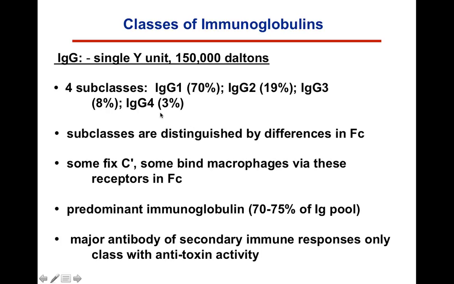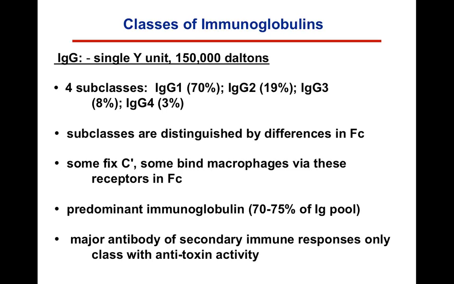Those Fc regions are a bit different in their amino acid sequence, and as a consequence that determines a bit of their differences in what they do and their potential interactions with their receptors. So the different subclasses are due to differences in the Fc regions, which means there are differences in the heavy chain gamma sequences that define each subclass.